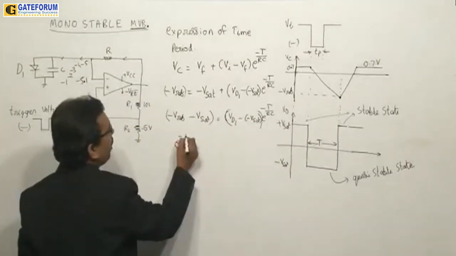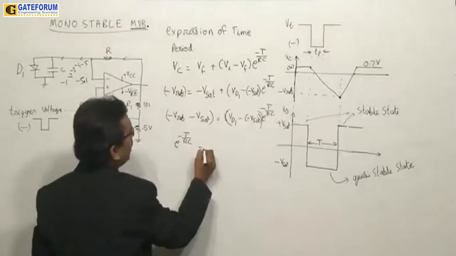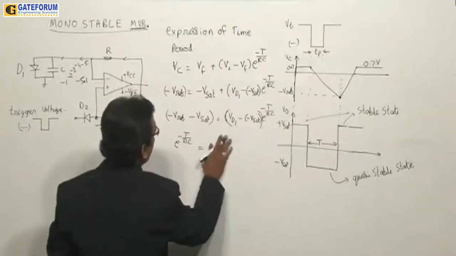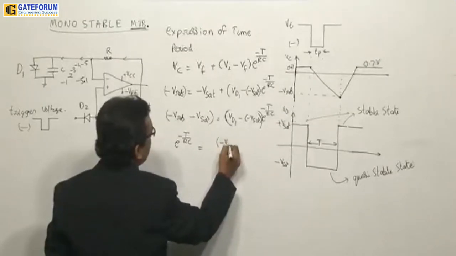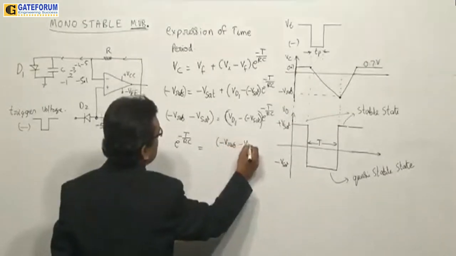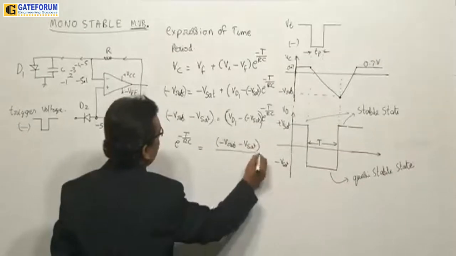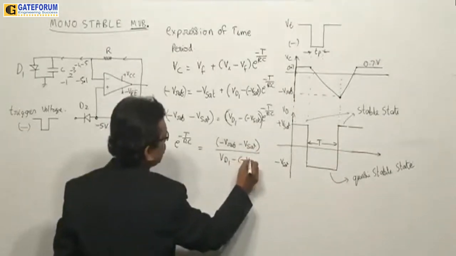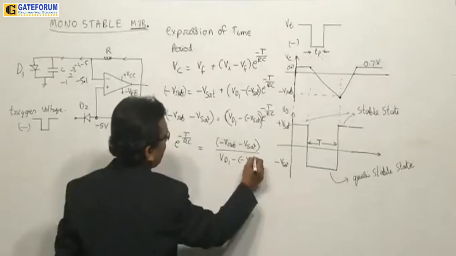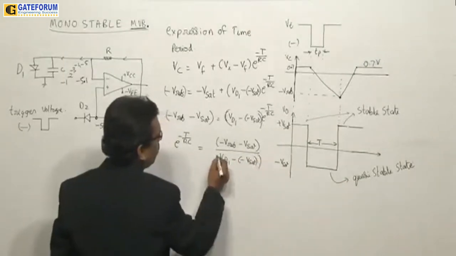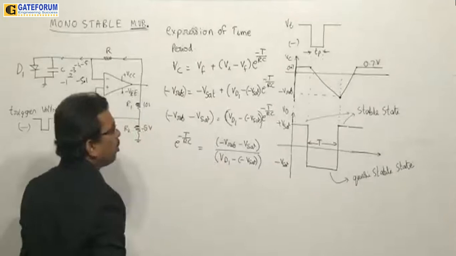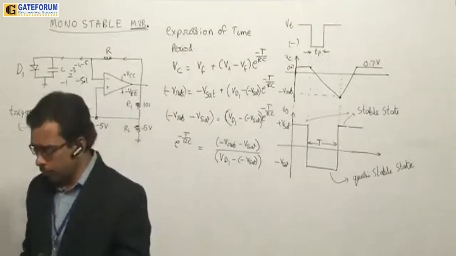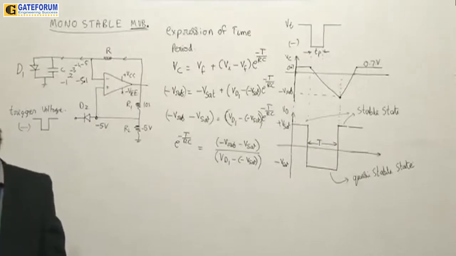Now shift that e power minus t by RC, you are going to get minus V reference minus Vsat, whole divided by VD1 minus of minus Vsat. This is the point you are going to get. Now copy this diagram. I am going to erase this. Copy the diagram quickly.